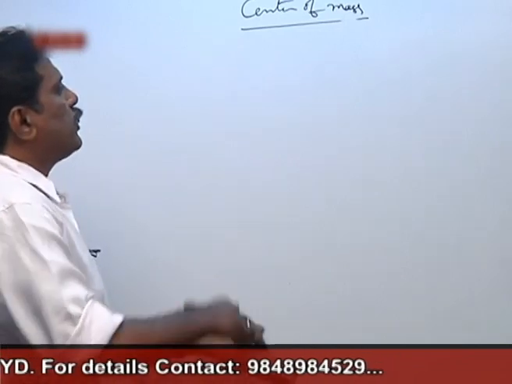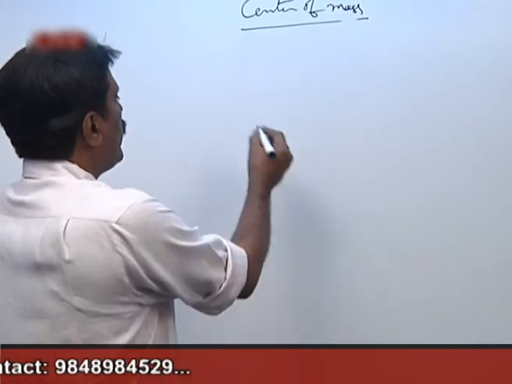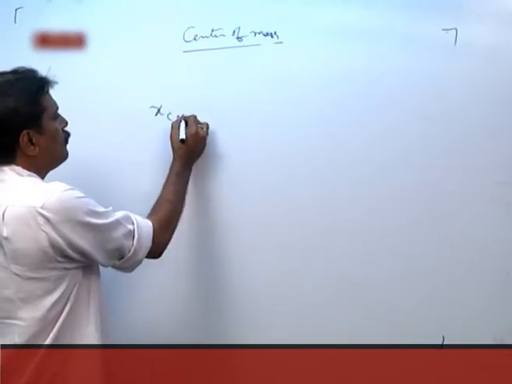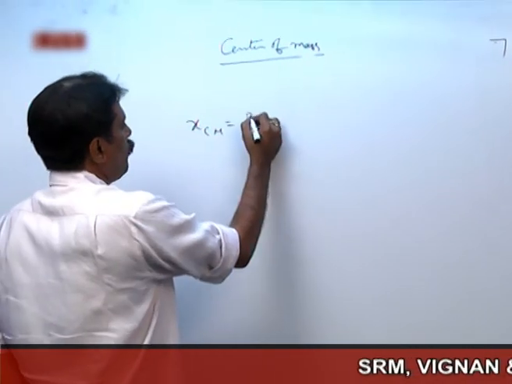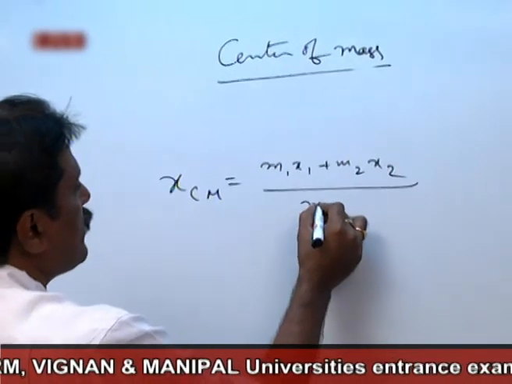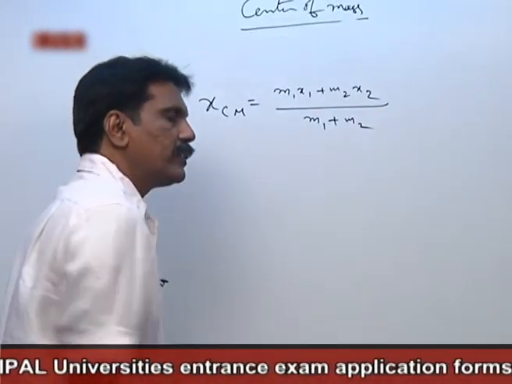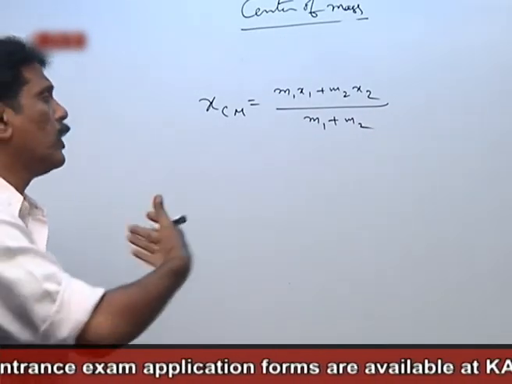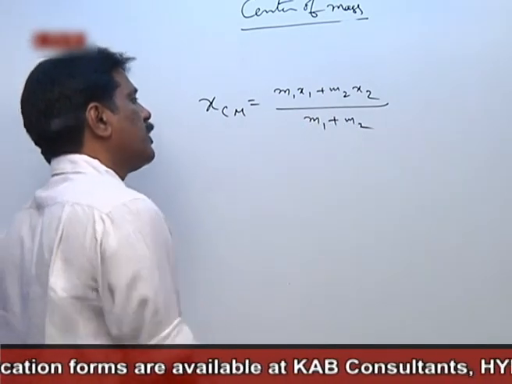Now, if you extend this to any number of particles, so far we have seen that x center of mass is equal to m1 x1 plus m2 x2 by m1 plus m2. This is for a two particle system. You can extend this to any number of particles with similarity.